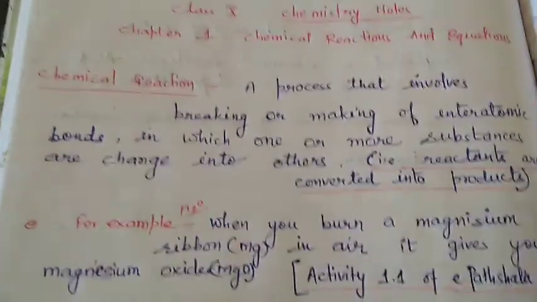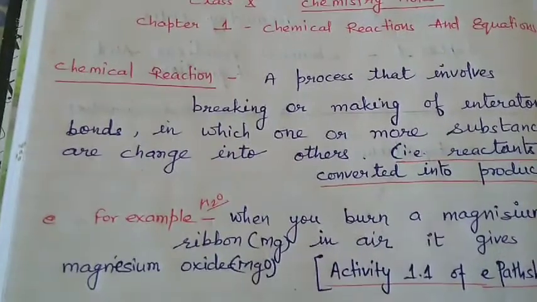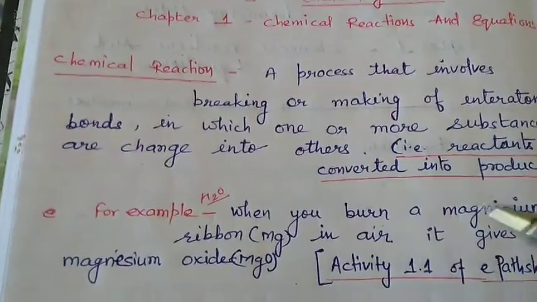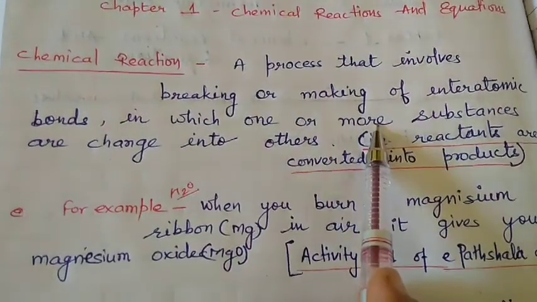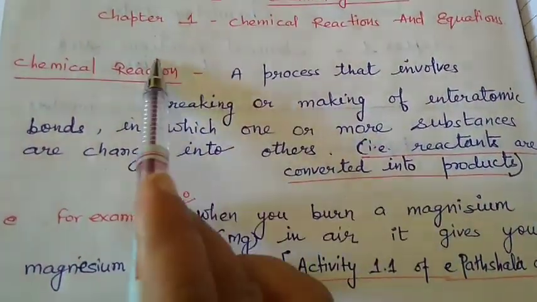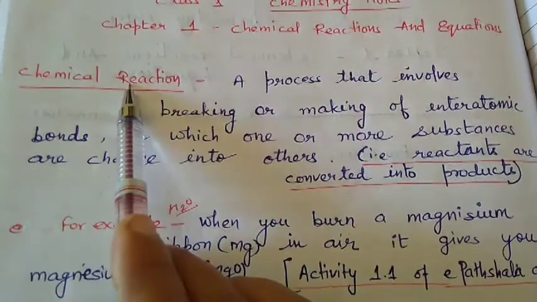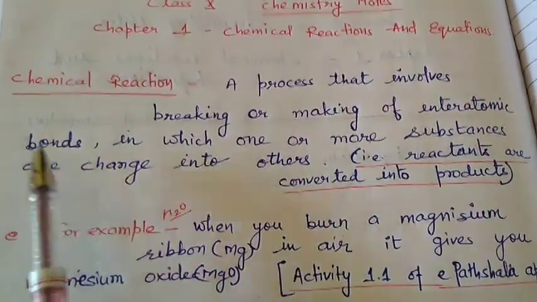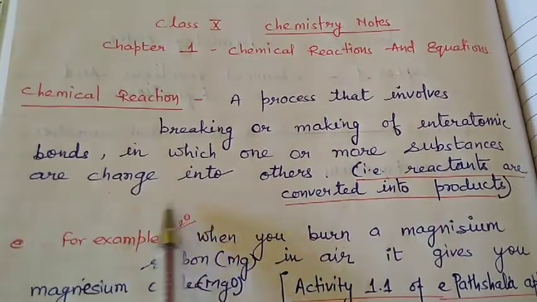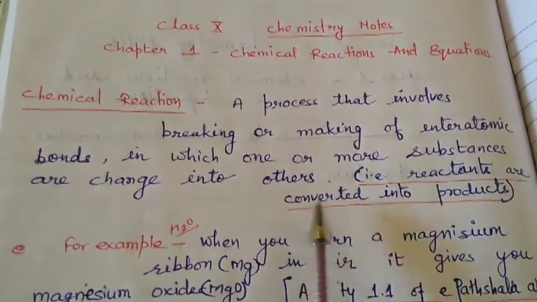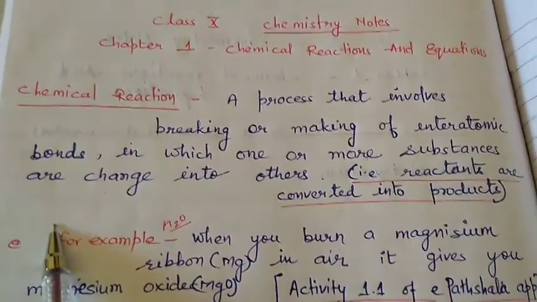Now, for example, you do something with a substance, and after that activity the substance is completely changed. That process is called a chemical reaction, because what you get after the reaction is completely different from what you earlier had.